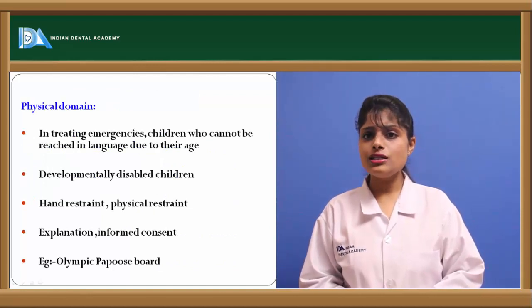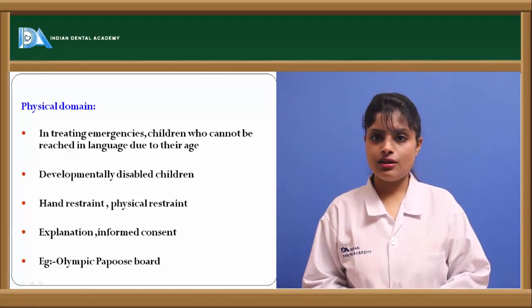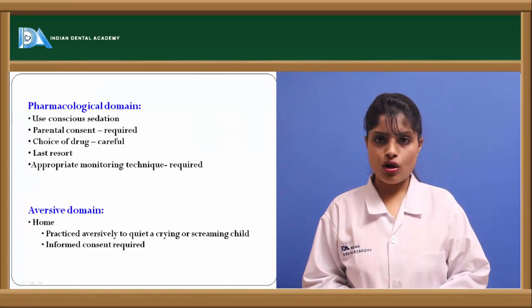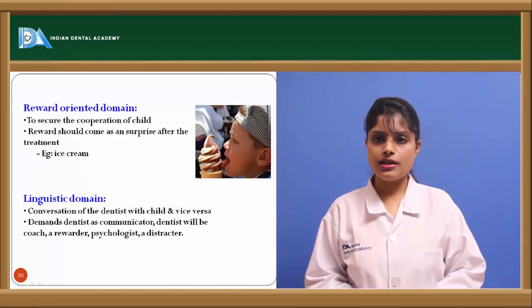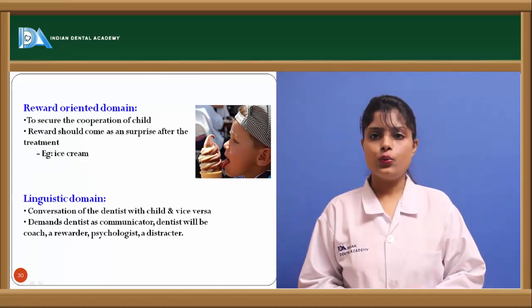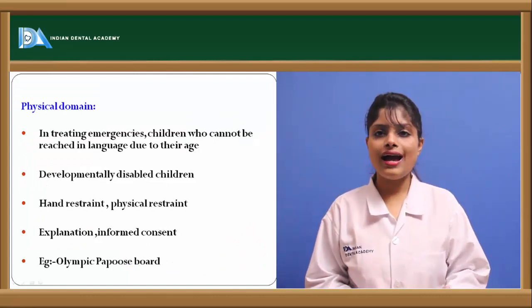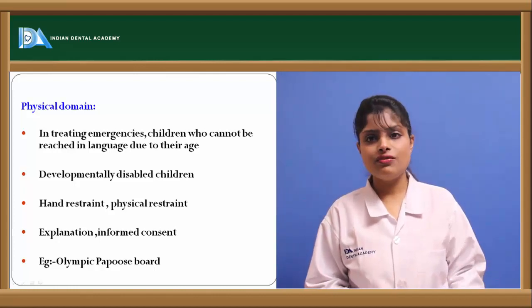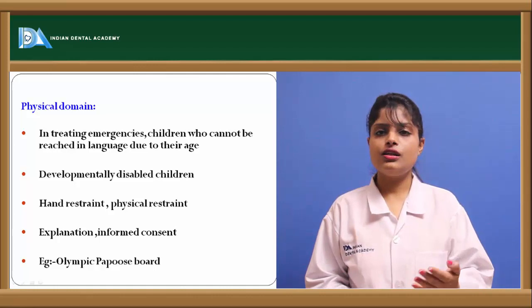Now, there are various domains under which the child can be treated. They are physical domain, pharmacological domain, the aversive domain, reward-oriented domain and the linguistic domain. Now, what is this physical domain? In such cases, children who are highly uncooperative or showing hysterical or belligerent behavior are treated under the physical domain.